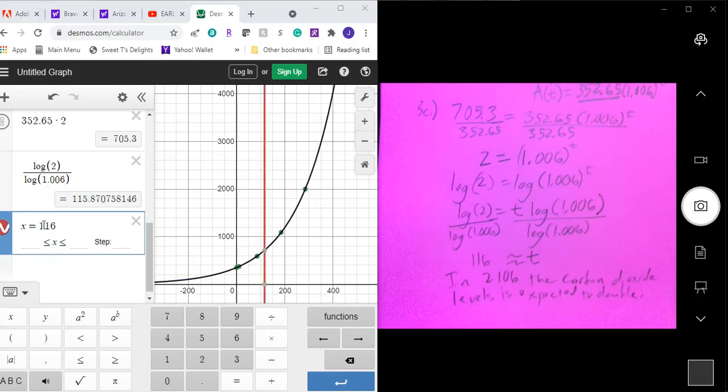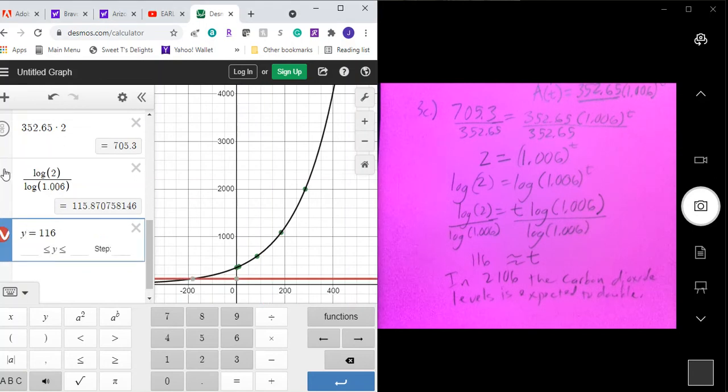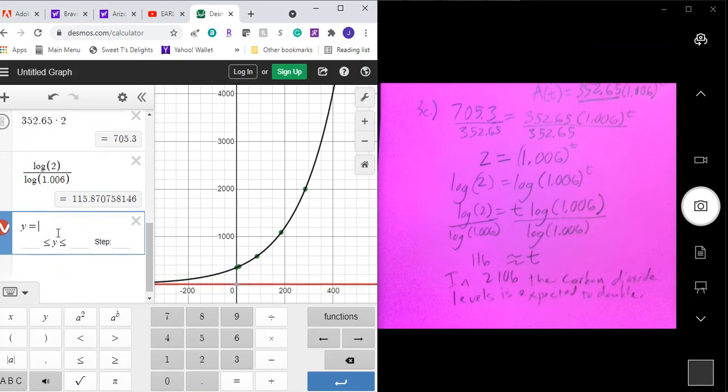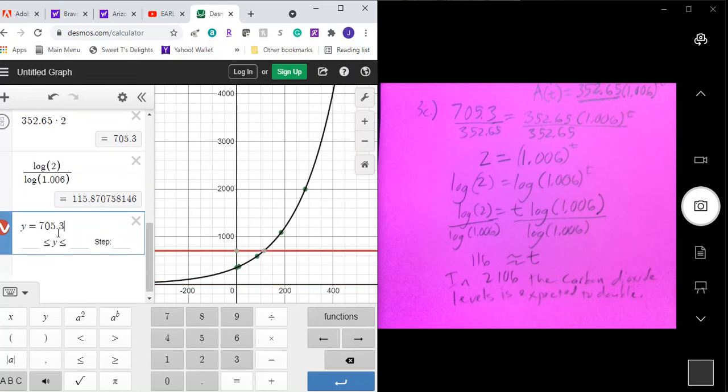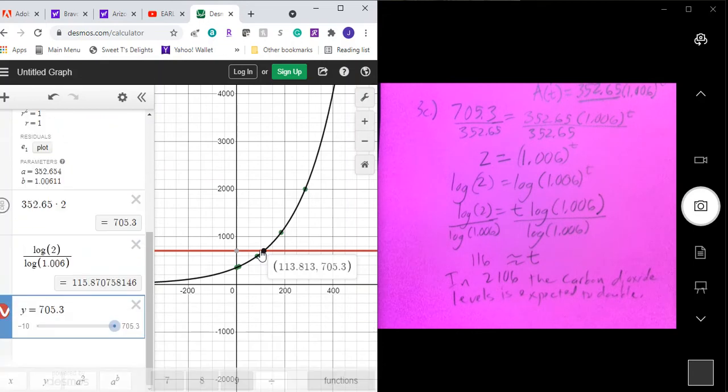Okay, class, I made a little mistake by putting y is equal to 116. I actually was supposed to set y equal to the doubled amount, which was 705.3. Now, when you put y equals 705.3, if you click here, you would basically get the answer.